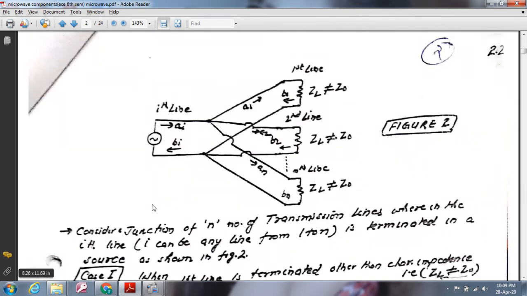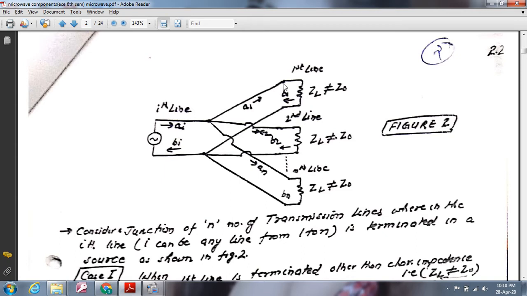Because we have connected all the other lines at an impedance equal to Z0, there will be no reflection from these lines. But because only the first line is connected at an impedance which is not equal to Z0, there are some reflections coming from the first line.